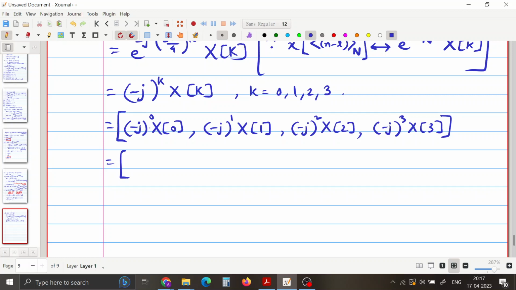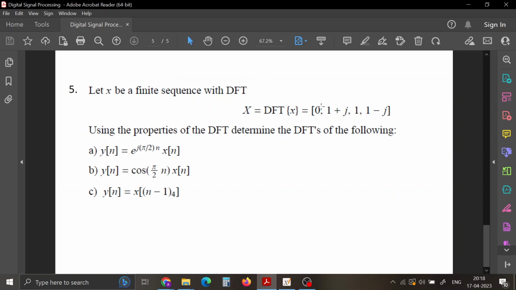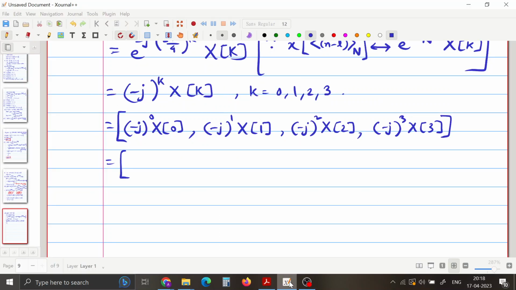Minus j to the power 0 is 1, and what is cap X of 0? The first coefficient is 0, given in the question, so this will vanish. What about the second term? Minus j to the power 1 is minus j, times cap X of 1.